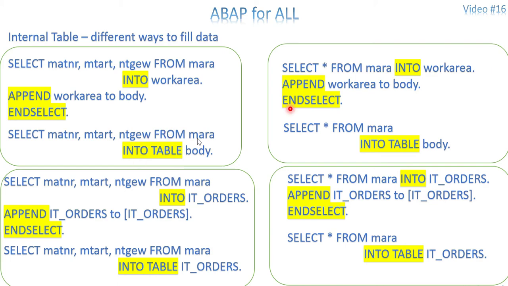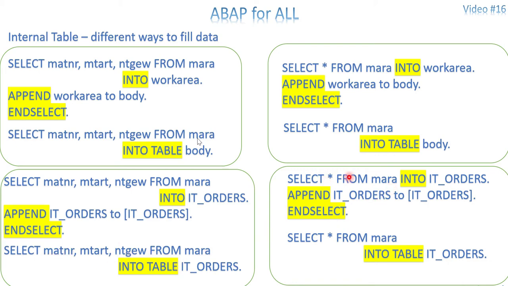This is for independent work area and body. And this is for inbuilt header line, with the same name for header line and body. Here few fields from database into header line, and append just IT orders is enough. The two part is optional. Append IT orders dot is the specific fields into body of an internal table.